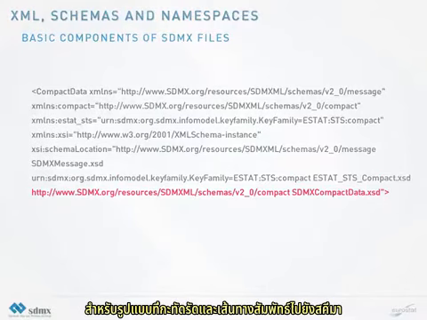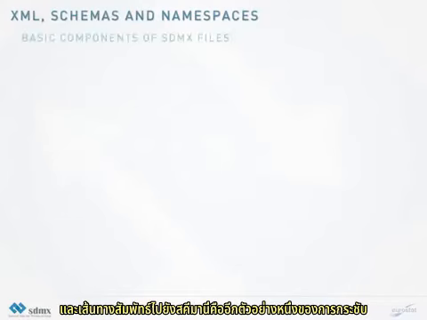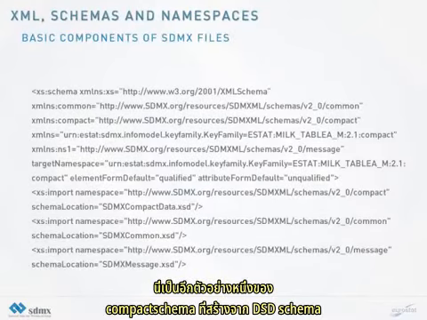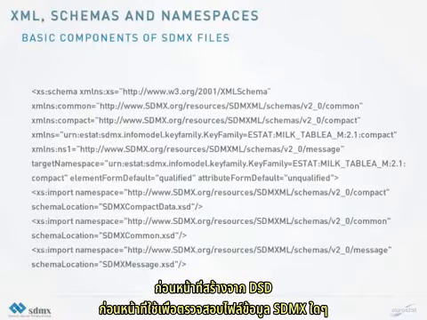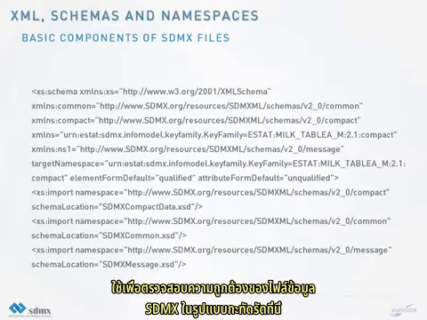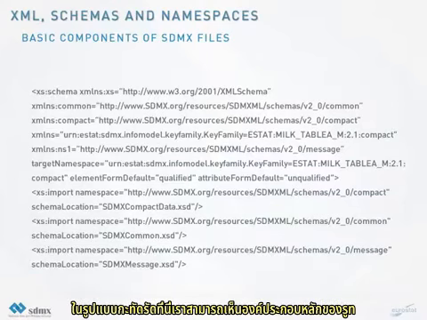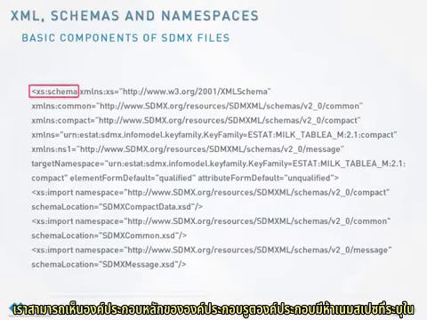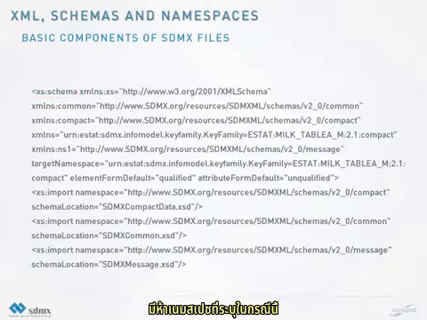schema. This is another example of a compact schema created from a previous DSD, used to validate any SDMX data file in compact format. Here we can see the main elements of the root element. There are 5 namespaces specified in this case.